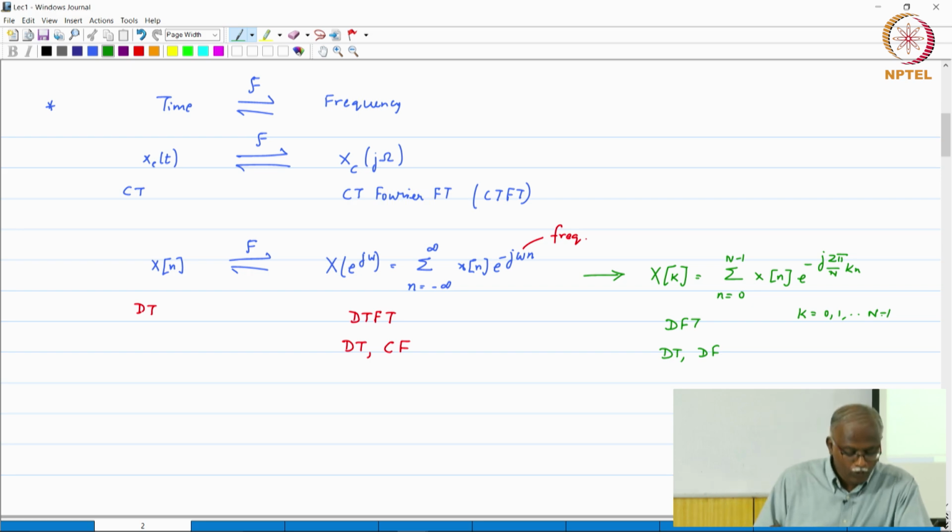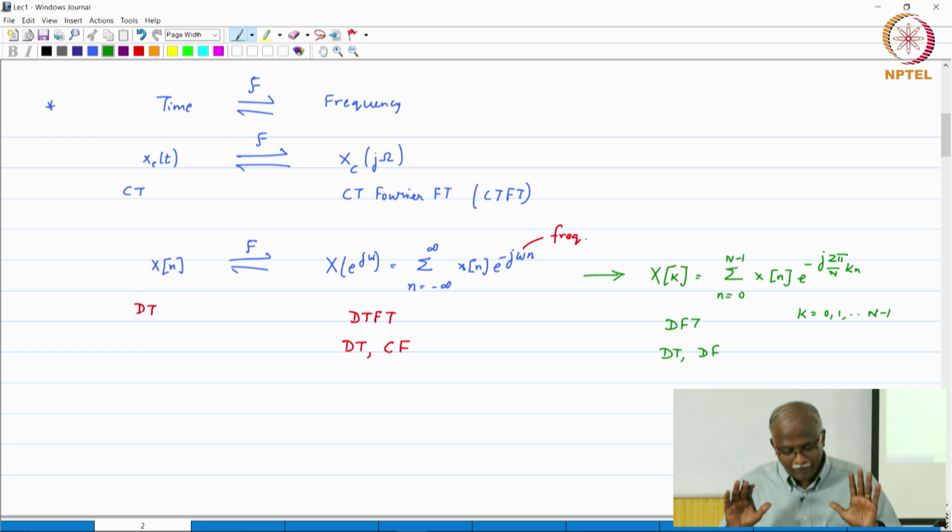Now, very often in our study of DSP, we have these two parallel forms. If it's continuous time, we have the upper branch. If it's discrete time, we have the lower branch, and maybe occasionally we talk about the link between the two.